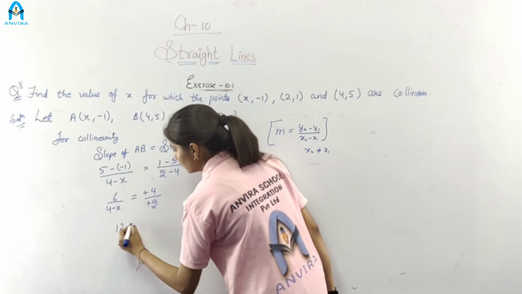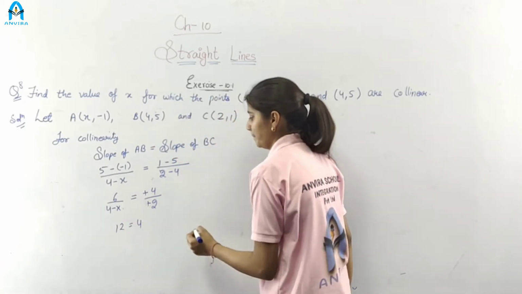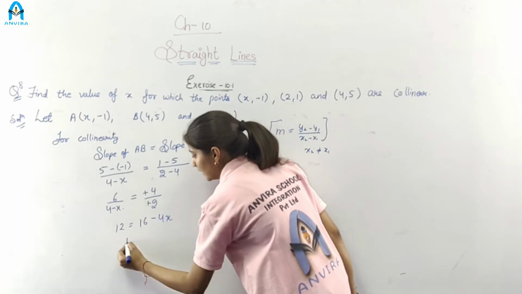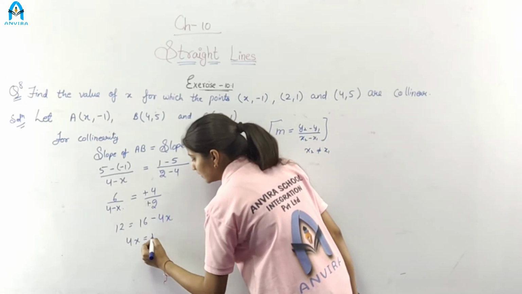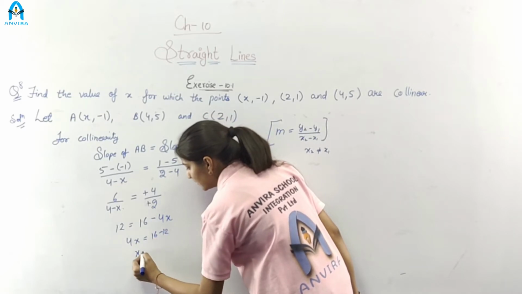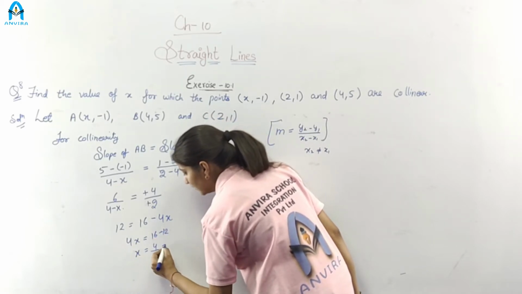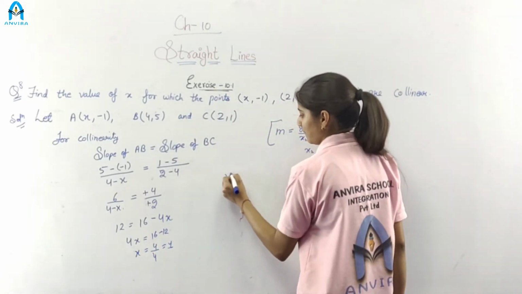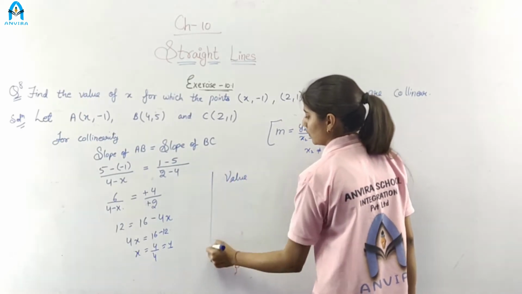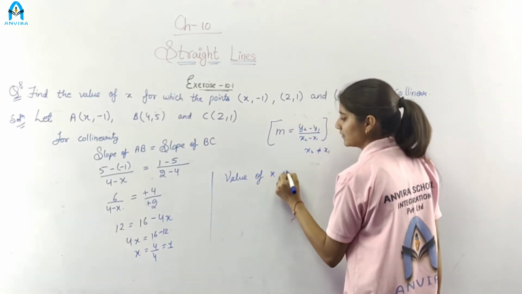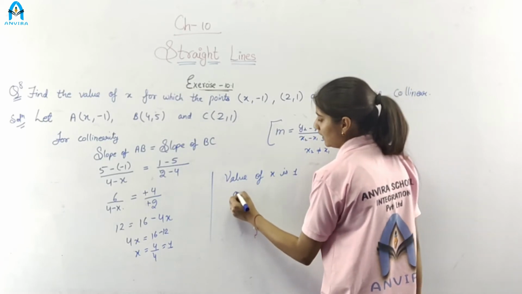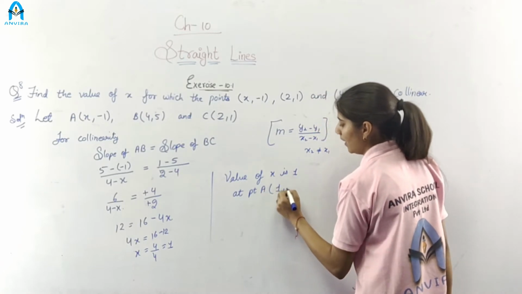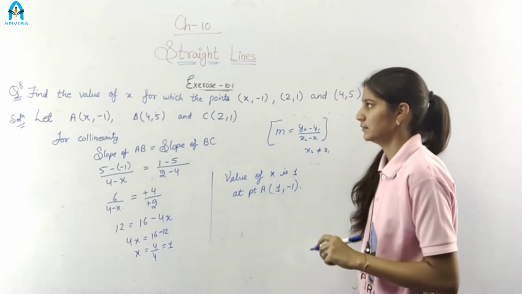So 12 equals 16 minus 4x. That means 4x equals 16 minus 12, so x equals 4 by 4, that is 1. So the value of x is 1 and point A can be written as (1, -1).